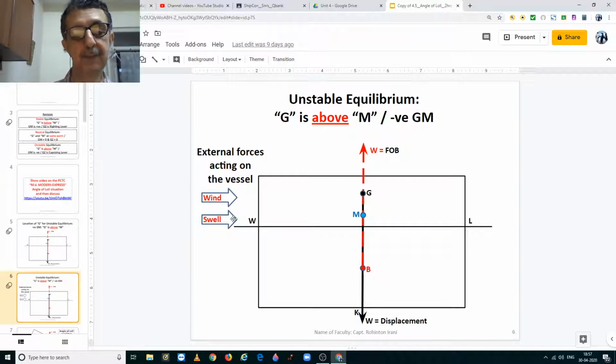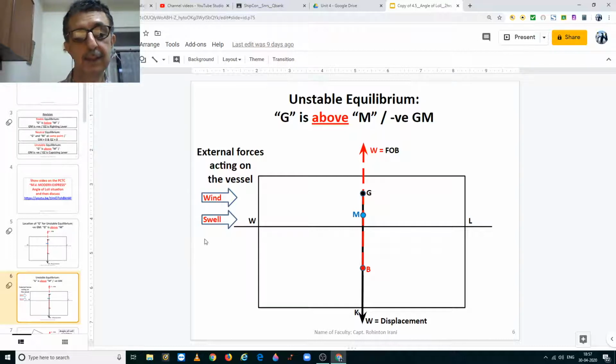Now, as we have studied earlier, the external forces are of two types, natural as well as mechanical. Natural can be wind, swell, seas, and mechanical can be tug pushing or pulling, rapid alteration of course, and also the ship rising on a rising tide, and the mooring lines are taut when she is alongside the berth.